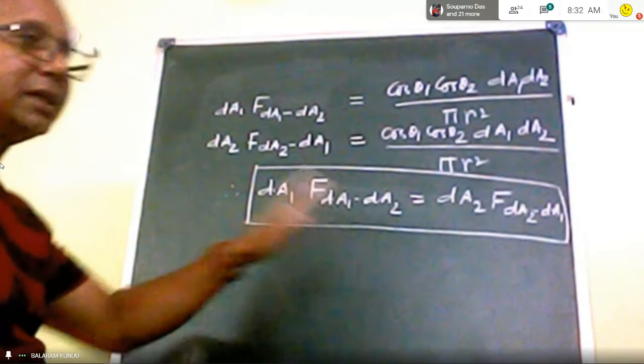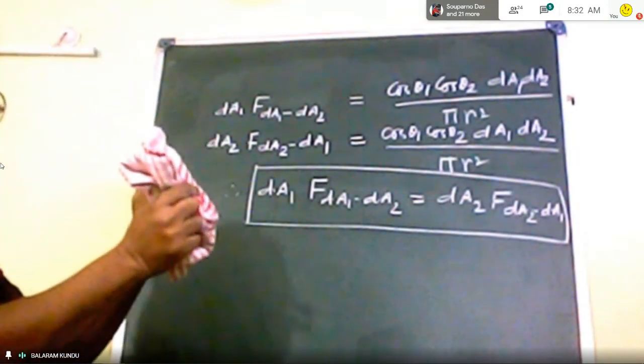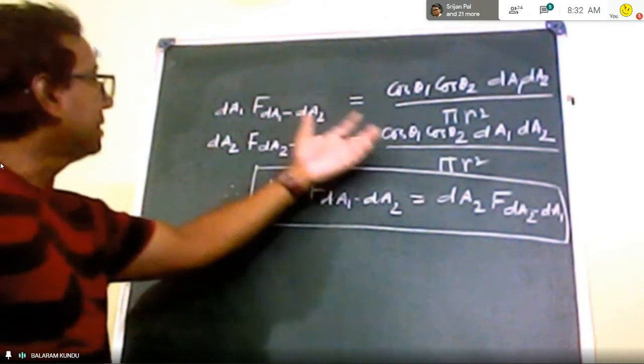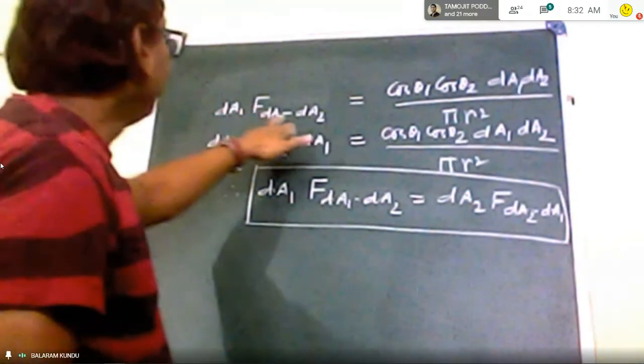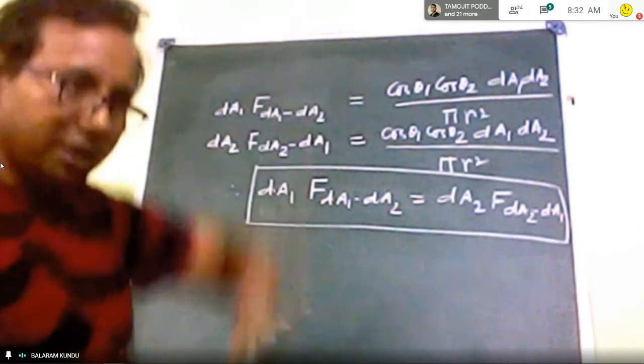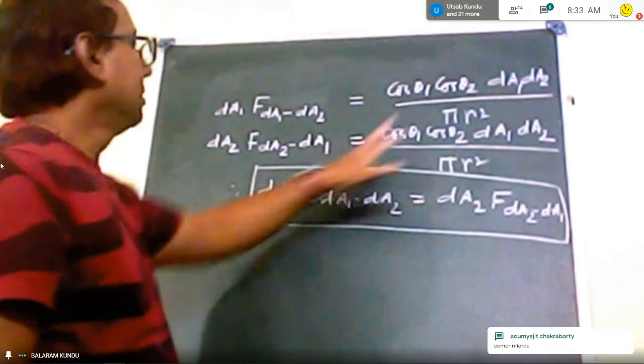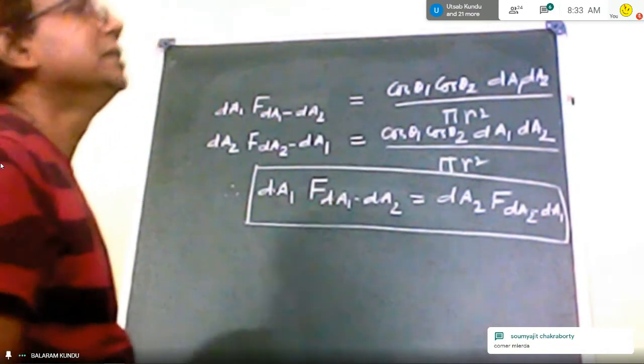That means if the two surfaces are very small, then the expressions for shape factor from dA1 to dA2 and from dA2 to dA1 have already been derived.